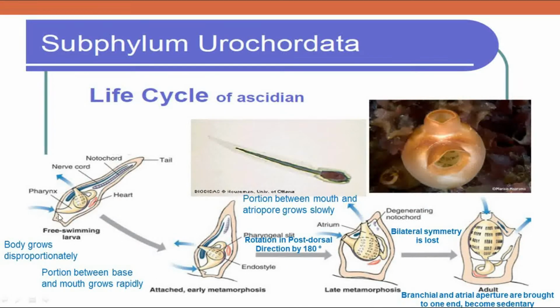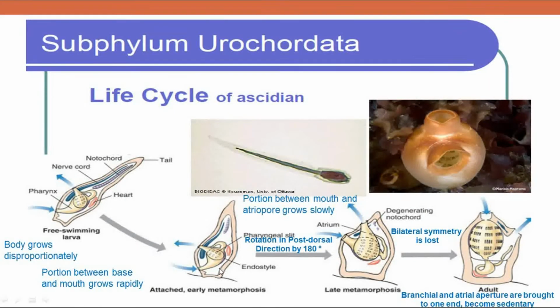This is the base of the body, this is the mouth of the body. But the portion between mouth and atriopore grows slowly. This is the atriopore, this is the mouth. This portion grows very slowly. So that's a disproportionate growth.